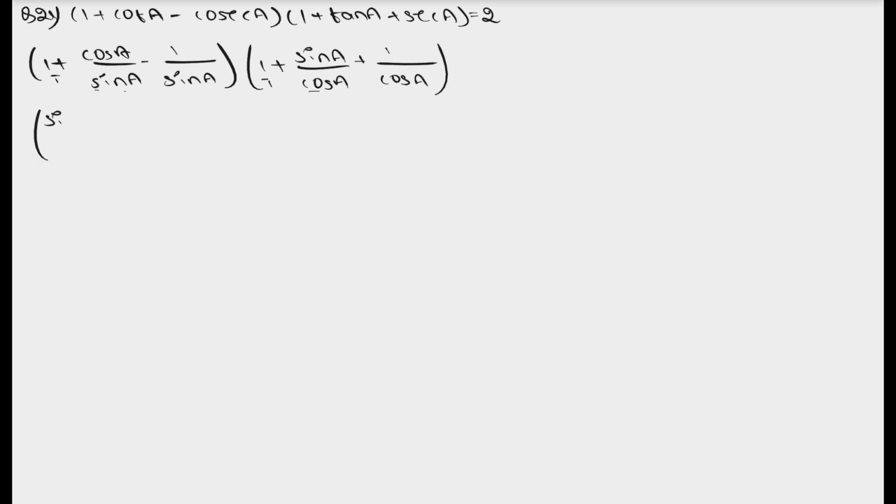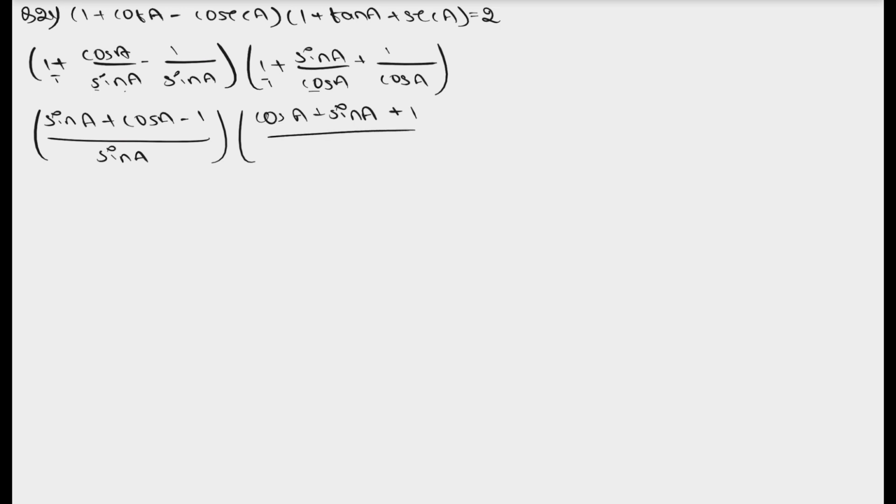Here we'll get it as sin A plus cos A minus 1 by sin A. Right? Next we will be having cos A plus sin A plus 1 by cos A. Now let's take this sin A plus cos A as A and this as B. If you observe, it is in the form of A minus B into A plus B, which can be written as A square minus B square.